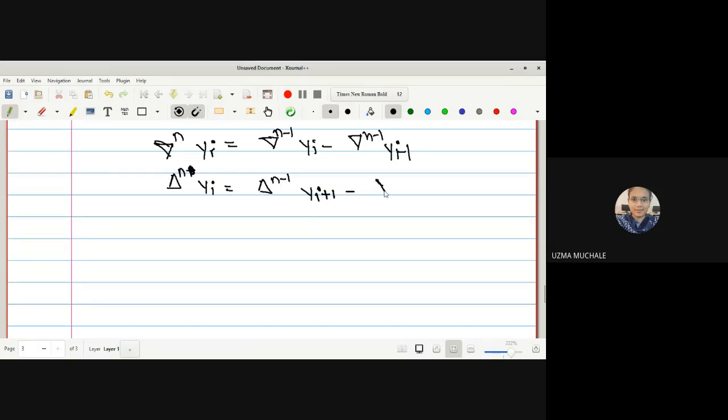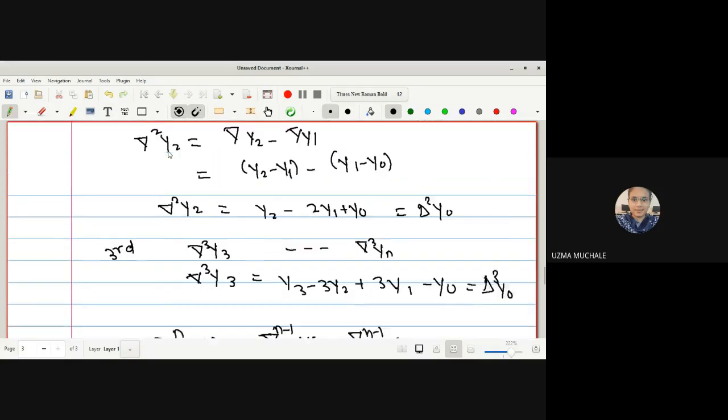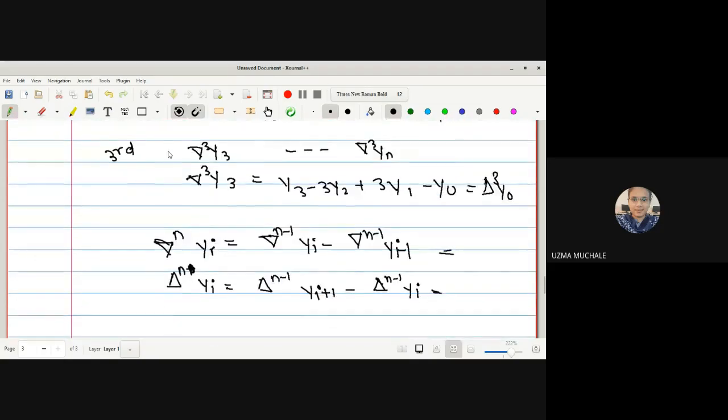This is the nth order backward difference formula and that is the nth order forward difference formula. Have you understood this one?